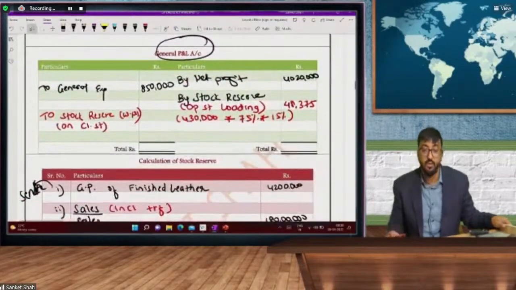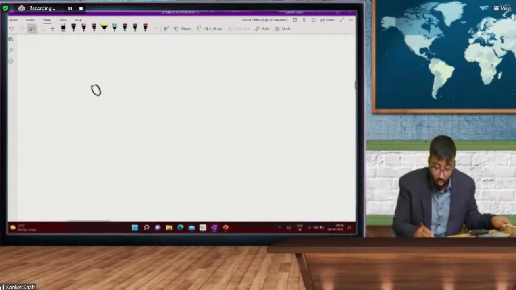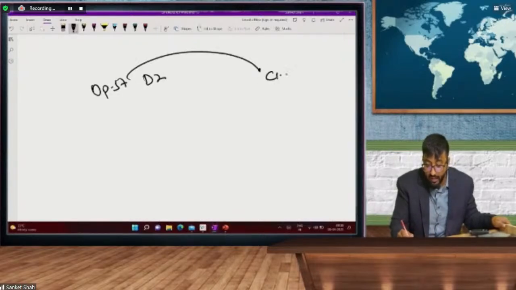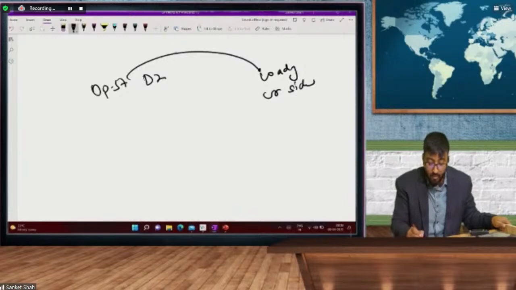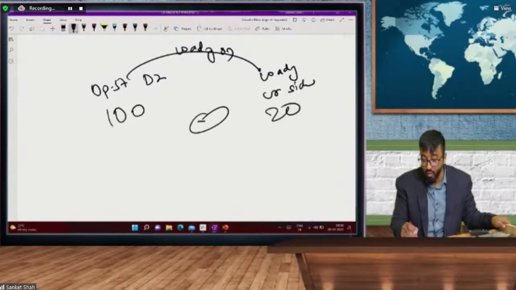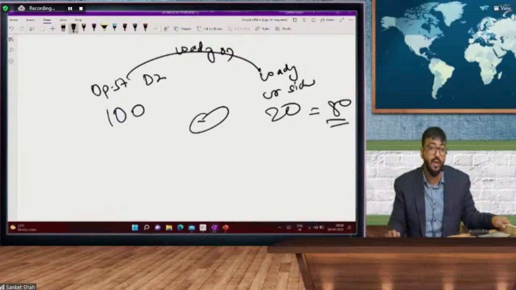Now remember, opening stock loading: opening stock is on debit side, so you will cancel loading on credit side. Loading is always on opposite side. So 100 ka stock, 20 loading, 80 rupees is the stock value.